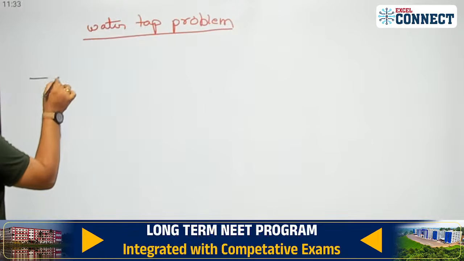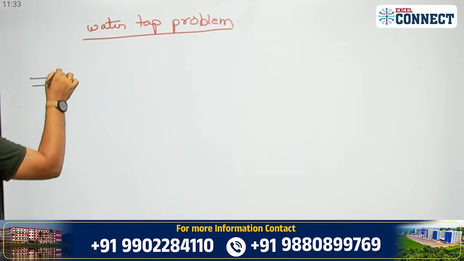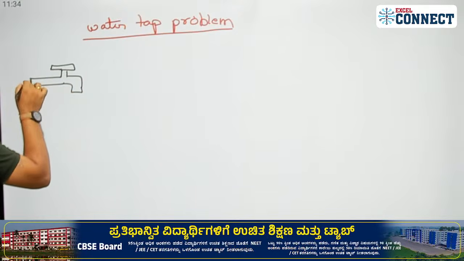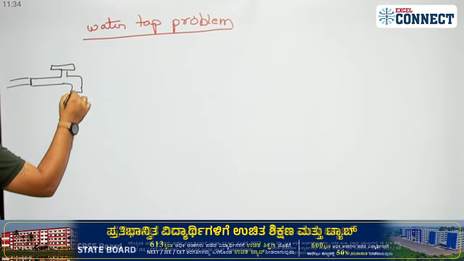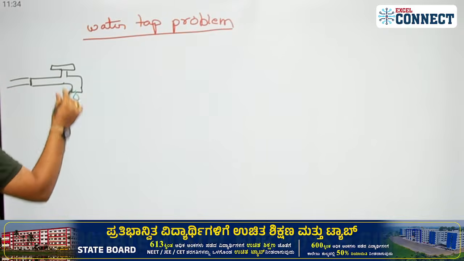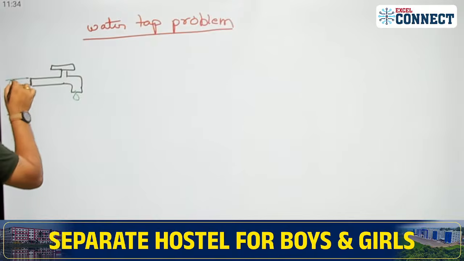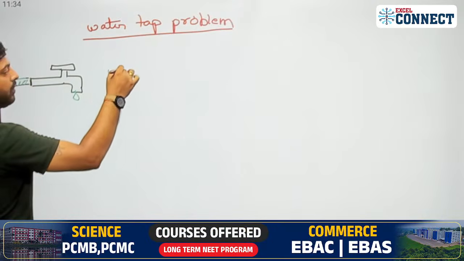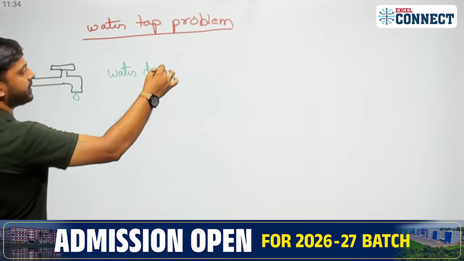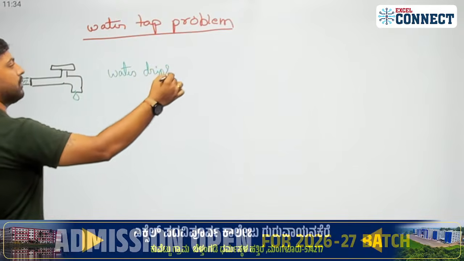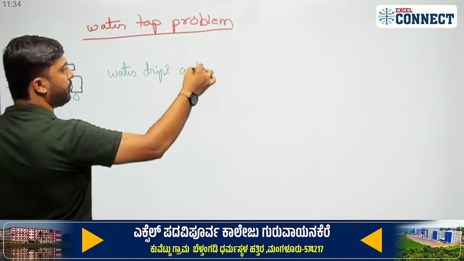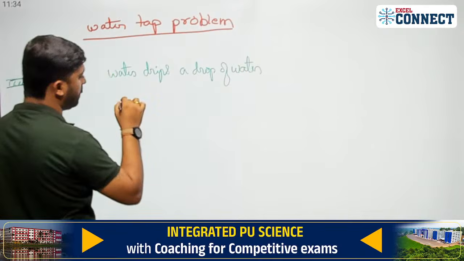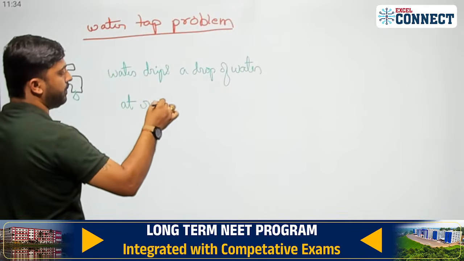So there is a water tap here, and water drips from the tap at regular intervals. A drop of water at regular interval.